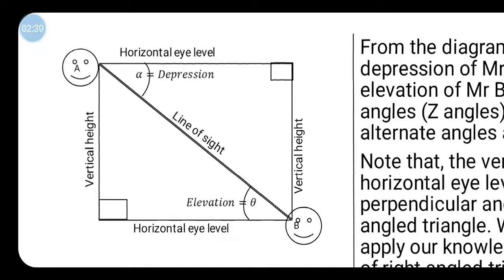The angle between the horizontal eye level of Mr. A and the line of sight of Mr. A is alpha, and that is what we call the angle of depression.